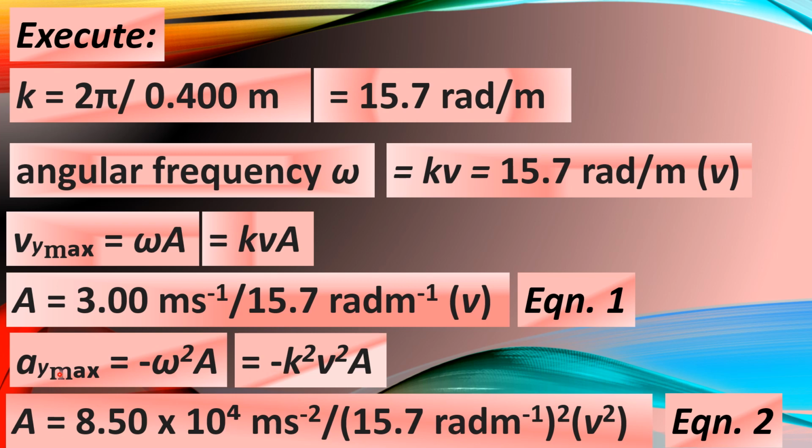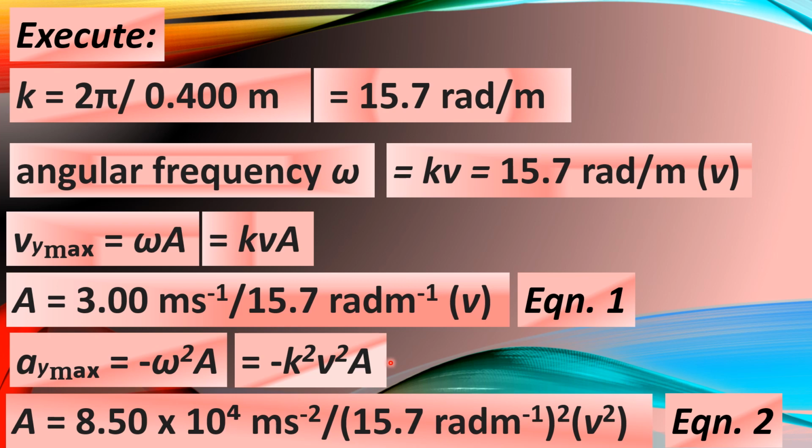So when we're talking about a positive a sub y, it follows that the displacement is negative A, or that the amplitude that we are referring to is the one that is in the maximum negative displacement.